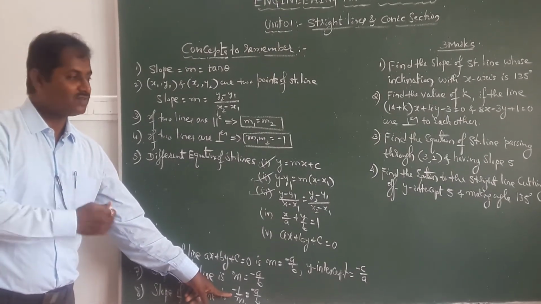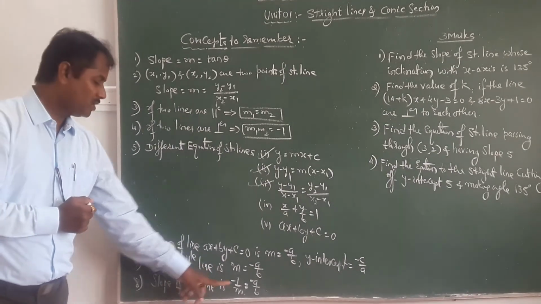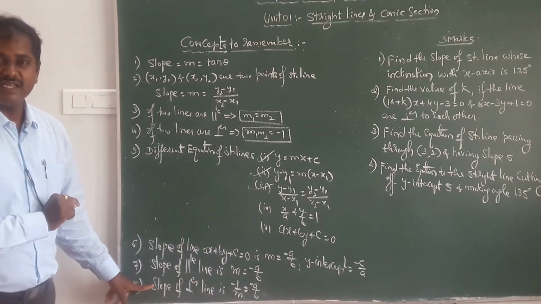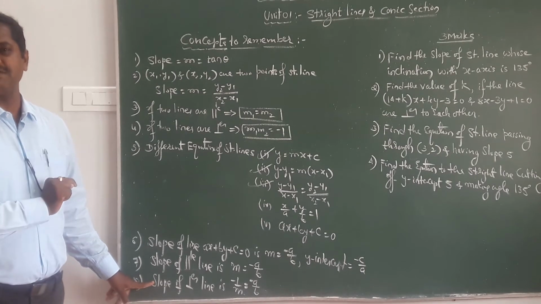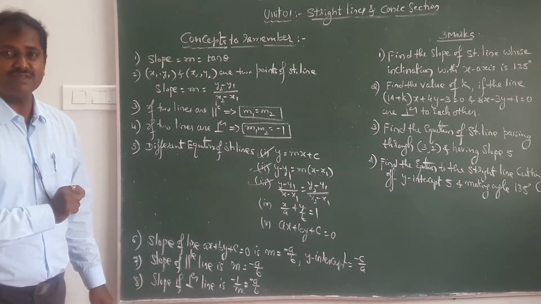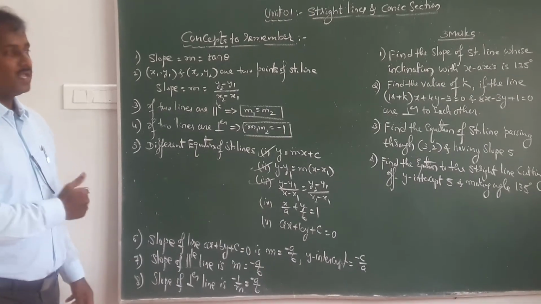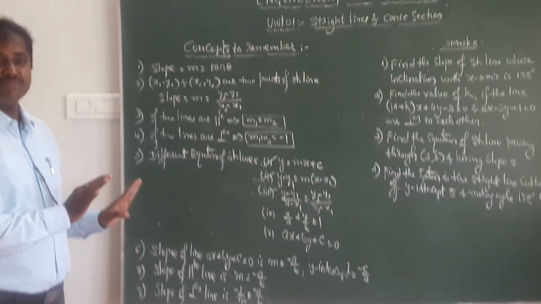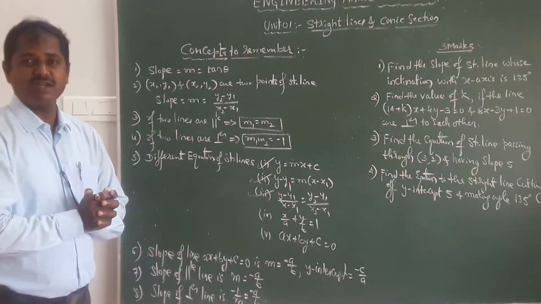So this is to be converted into the slope m. Okay, slope of parallel line is m is equal to minus a by b, and the slope of perpendicular line is minus 1 by m is equal to minus a by b. And these are the concepts to be remembered for your examination point of view.